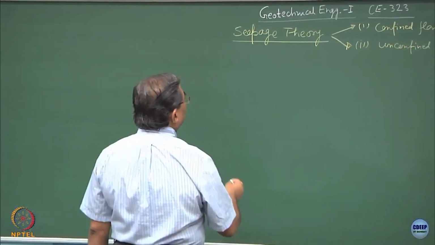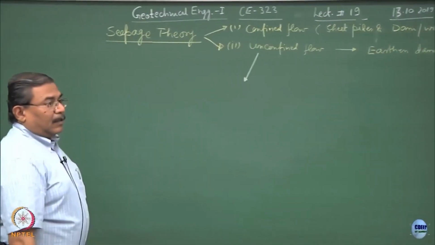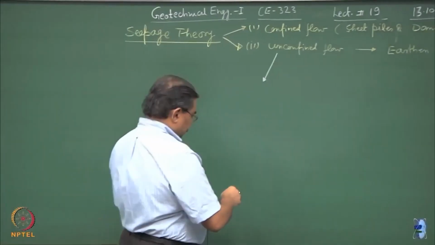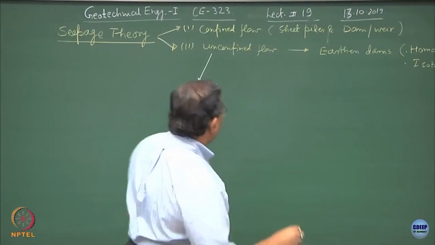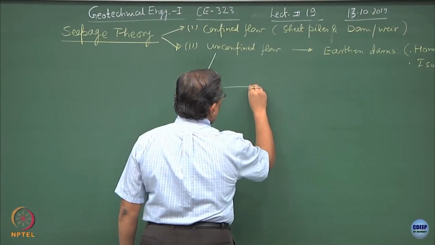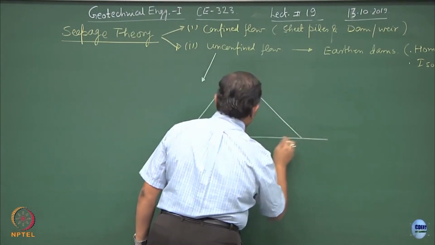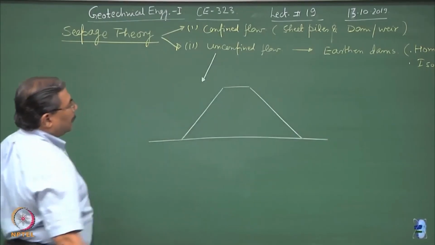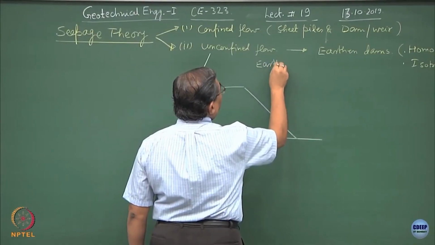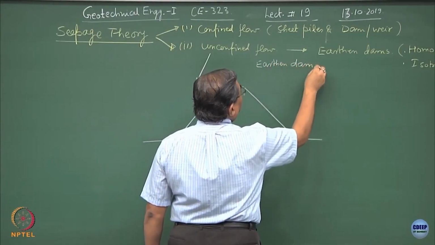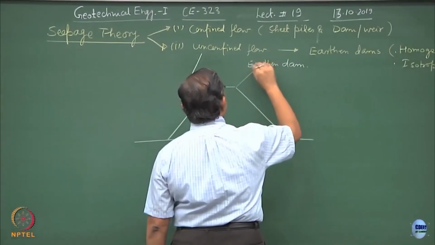By definition, the unconfined flow is occurring in a situation like this, that if I consider an earthen dam, so this is an earthen dam, it is a cross section, in fact it is an embankment, we can call this an embankment also.